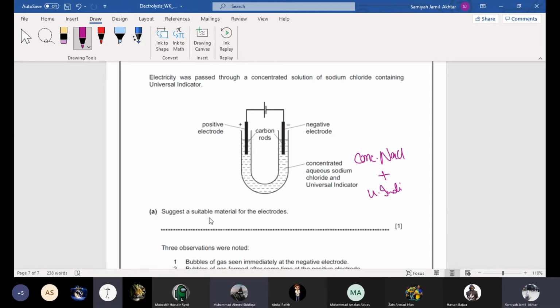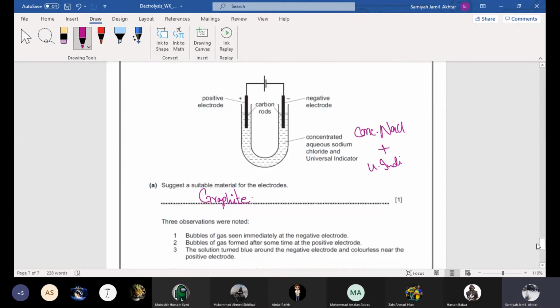Graphite. Yeah, very good. Carbon graphite is the most suitable one. If we are doing simple electrolysis using inert electrodes, then we use graphite. But in electro refining and in electroplating, I told you, we use reactive electrodes, not inert electrodes.